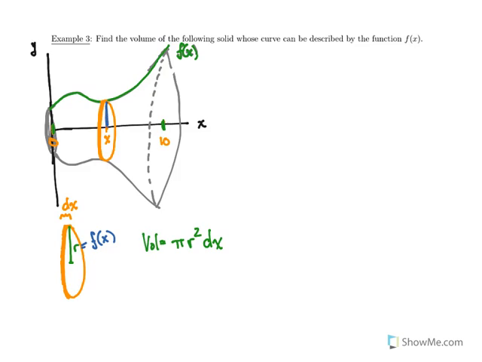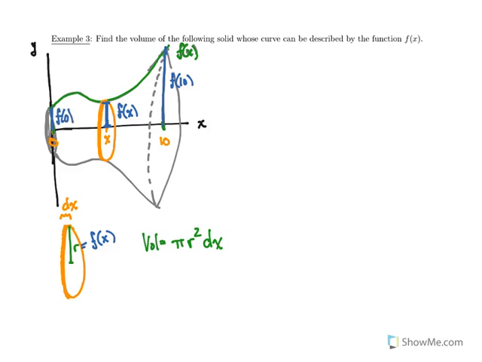This distance right here is exactly, if we have some x value, f of x. If we're thinking about at 10, this would be f of 10. If we're thinking about at 0, this would be f of 0. And we have everything in between as well.